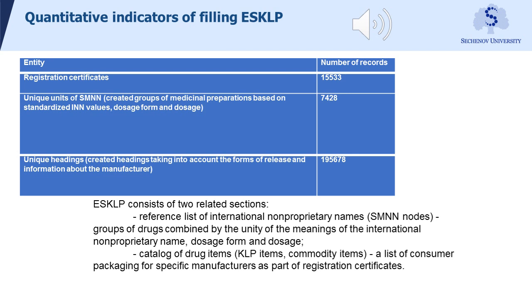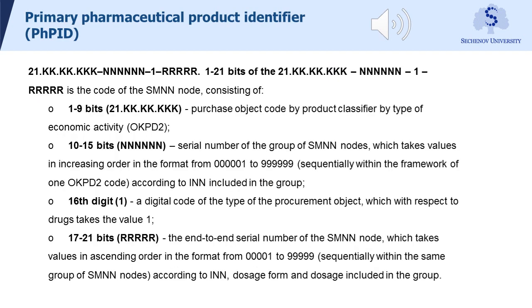And the second level is a catalog of drug items presented on the market, a list of consumer packaging available, including exact manufacturers, registration certificates, etc. To identify medical products, we need primary pharmaceutical product identifier.